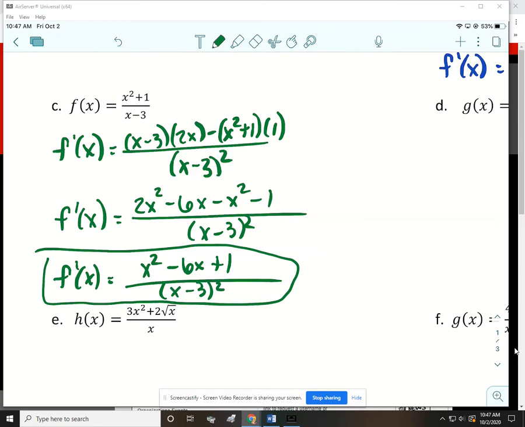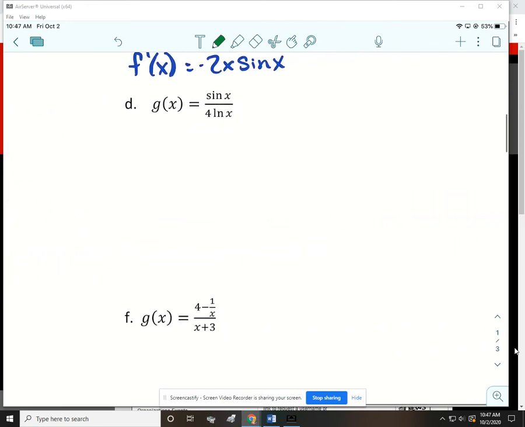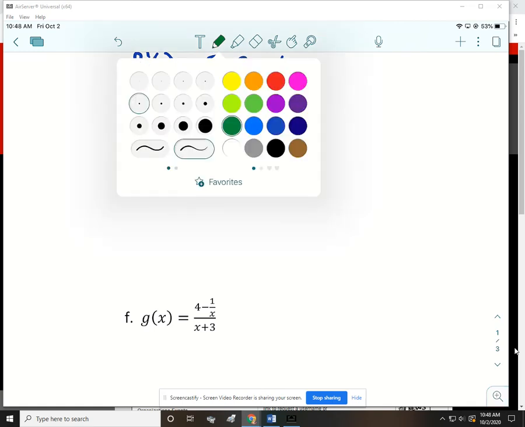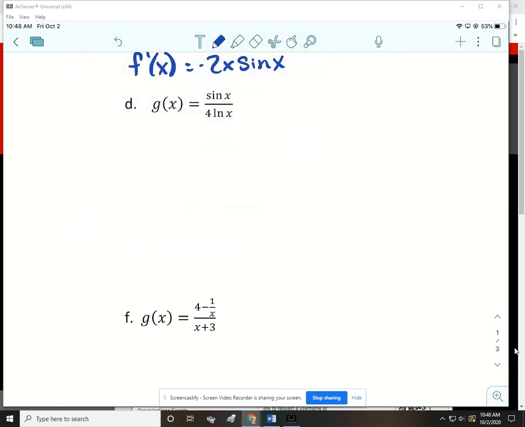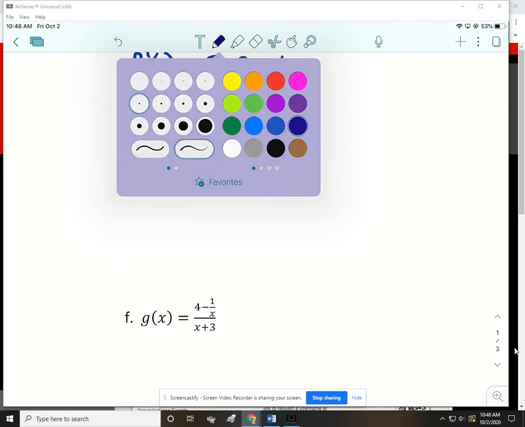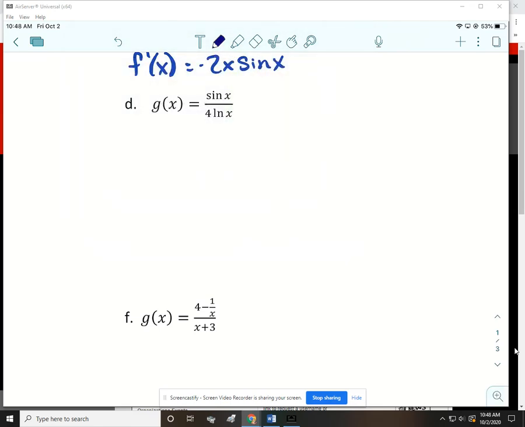All right, let's take a look at the next one. All right, so we have a quotient again. So we're going to use the quotient rule. I don't see anything we can do to simplify it in any way. So we're going to go ahead and use the rule where we have a pretty big fraction.